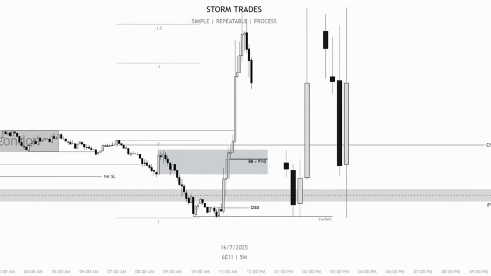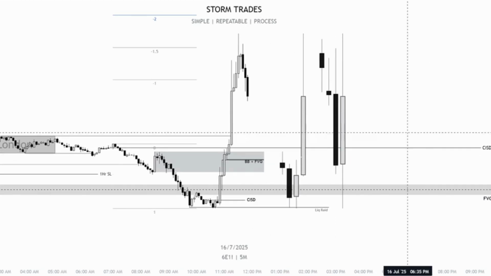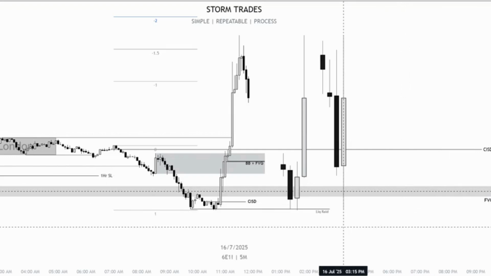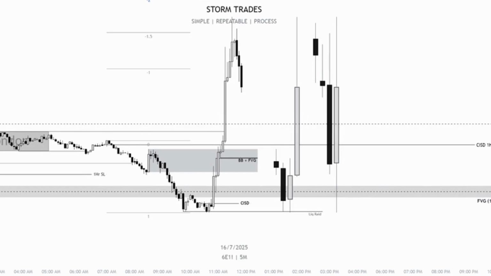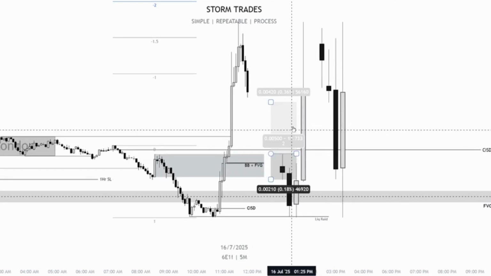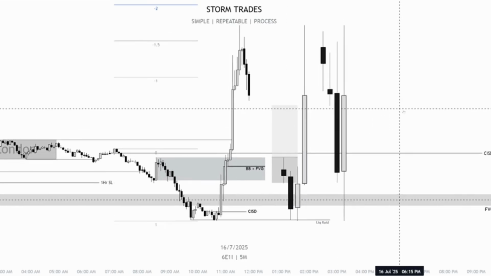So again, I didn't take this trade, but I think I probably would have taken this one if price came down here and made a good reaction out of it. Just for the sake of running our model and just for data, I'm going to put this where the limit order would have been here, and see if we would have gotten an easy 2R.